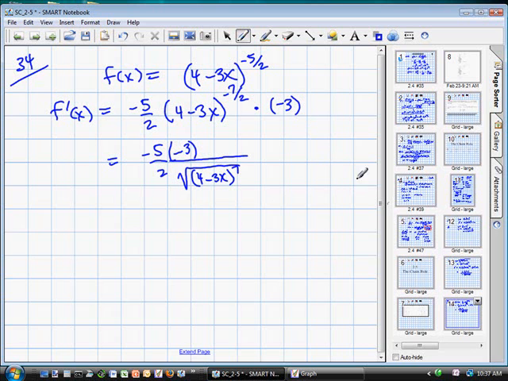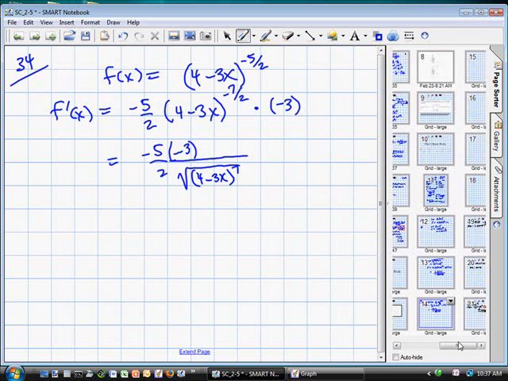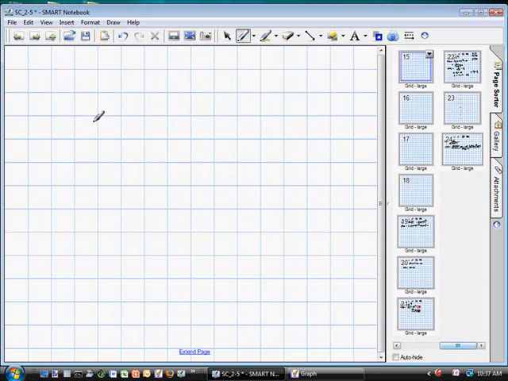Number 40. Okay, 40. f of x is equal to 4 minus 3x squared raised to the negative 2/3 power.